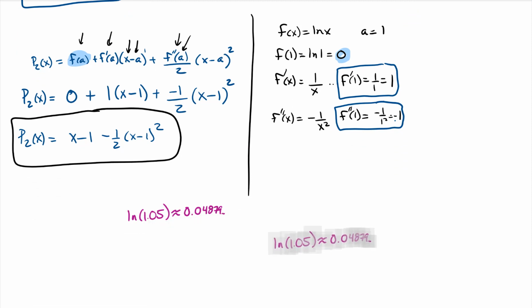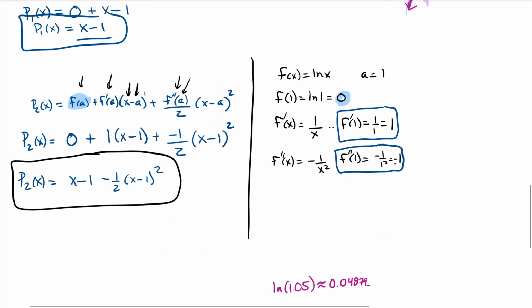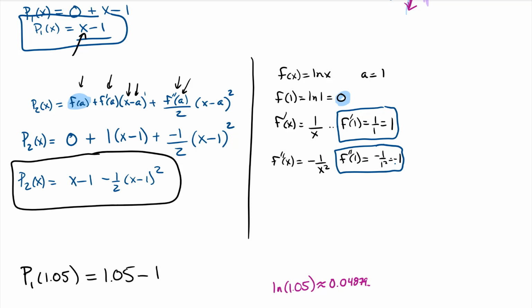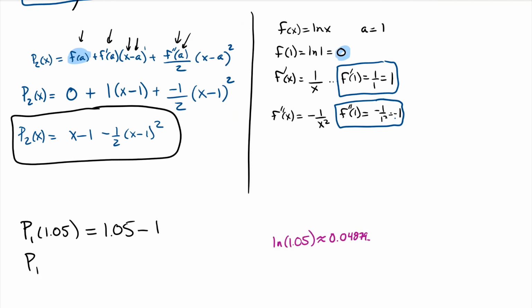Now we want to see what we would get if we plug 1.05 into our p sub 1, our linear. So 1.05, that's our x value, minus 1. We find out that at 1.05, we got 0.05.